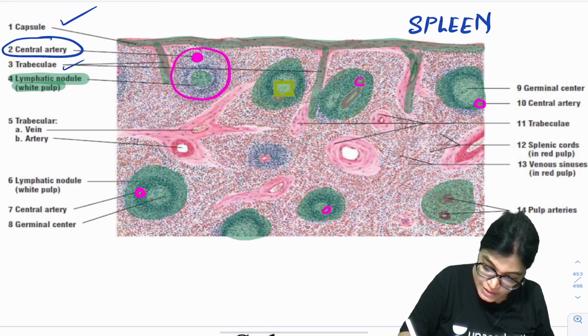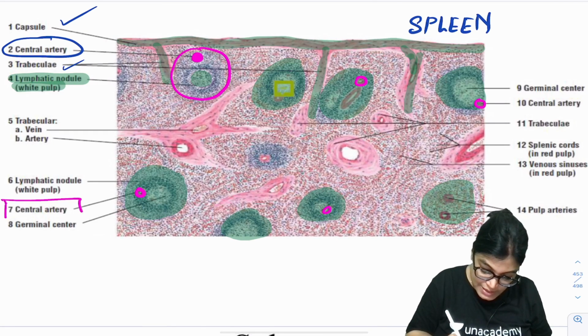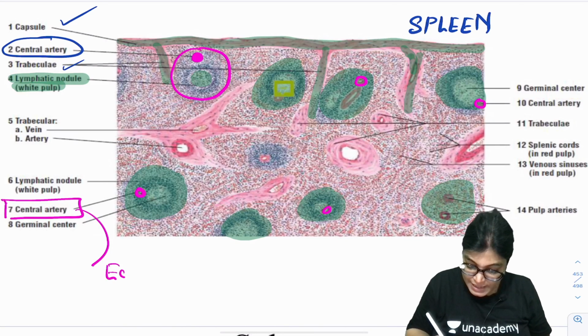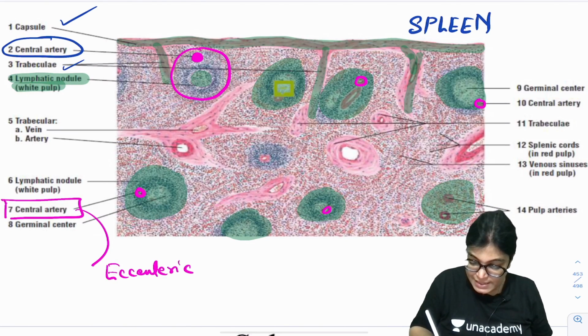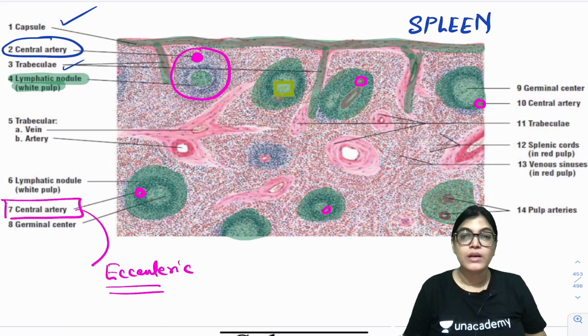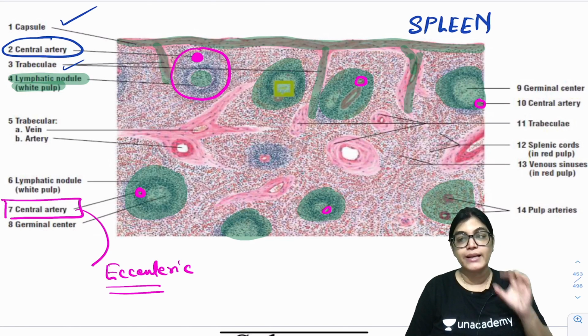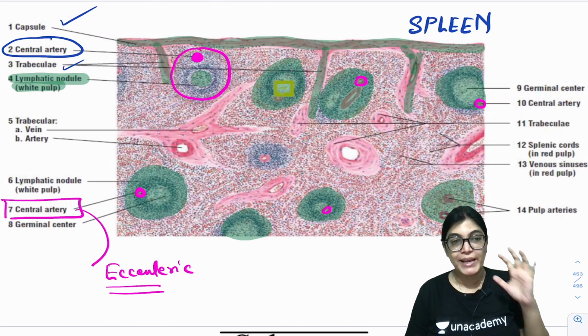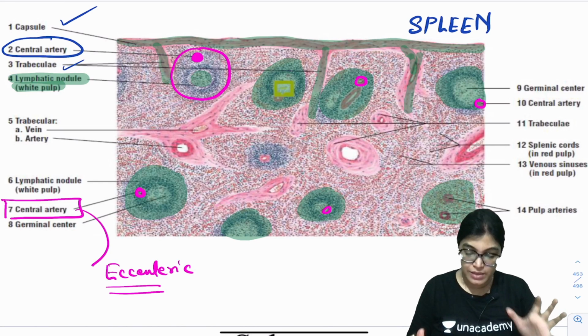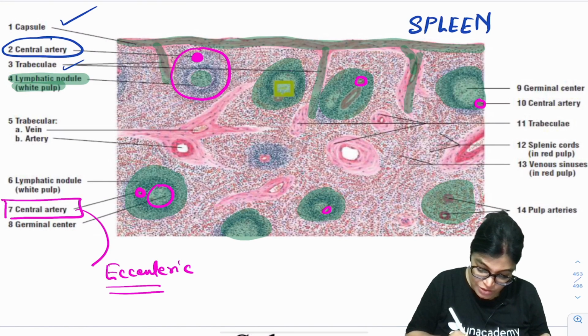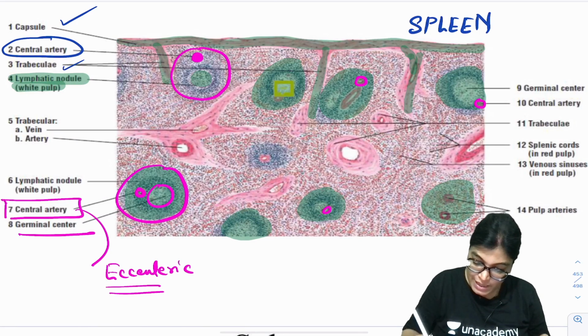Why eccentric in location, my dear aspirants? Because the lymphatic aggregation has pushed the central artery to the peripheral position. The center is containing the germinal center, and this one is the lymphatic aggregation.